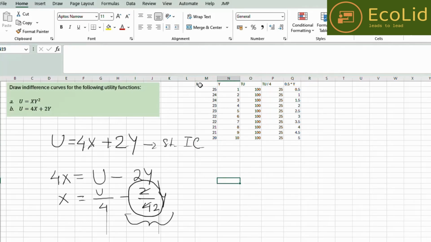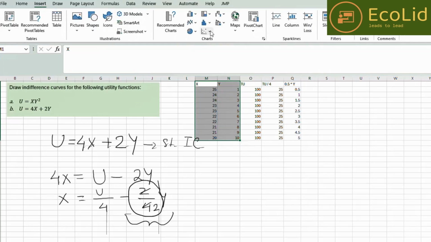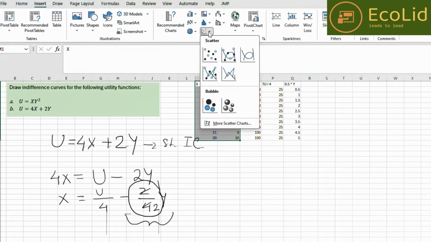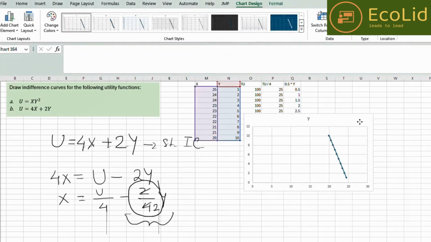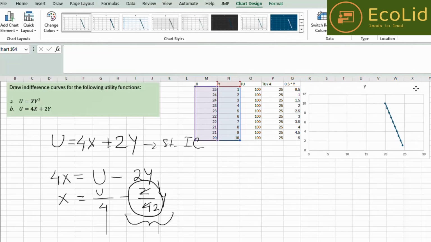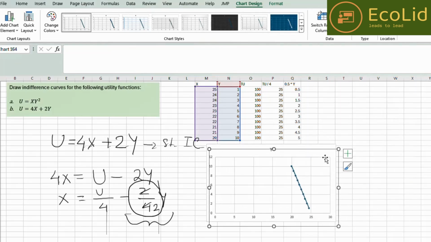Now the job is to draw the indifference curve. Just select columns x and y, insert, go to chart where you can consider the two-way diagram, and then you can take scatter with smooth lines and markers, select, and here we got our indifference curve.